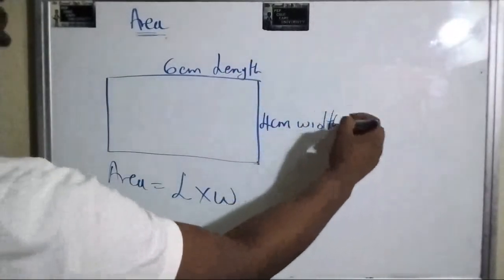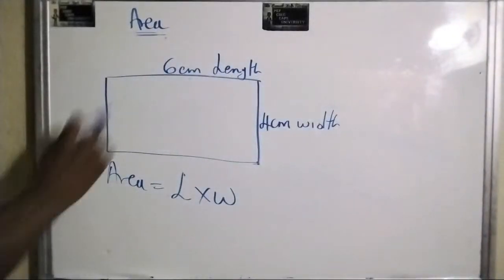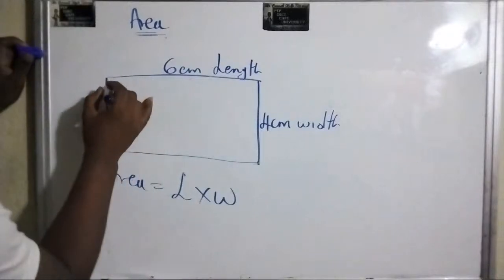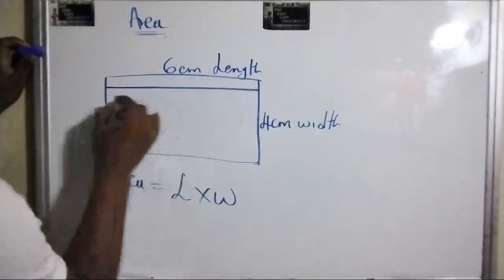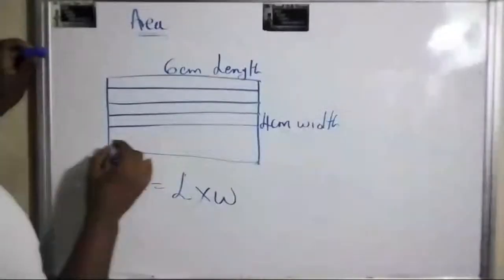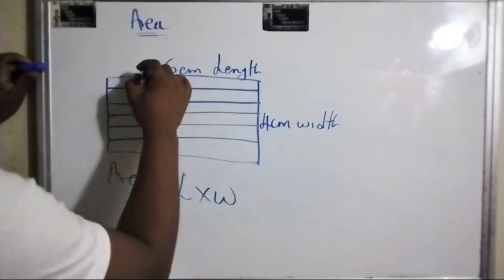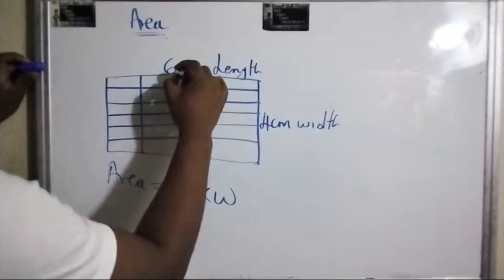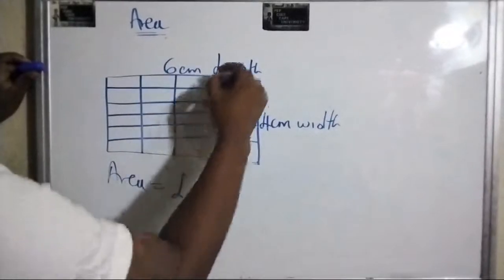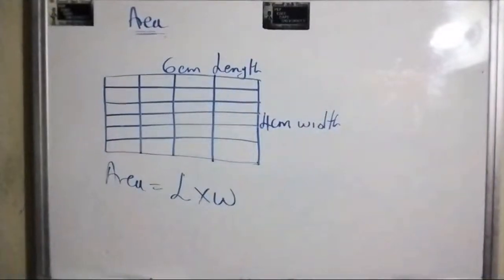You know what? We're gonna do it the hard way, just to see if it works. So this side, 6, let's see. 1, 2, 3, 4. Kind of uneven, and then 4. So that's 1, 2, 1, 2, 3, 4. Let's count to see how many we get.